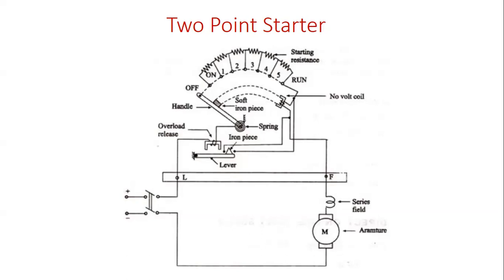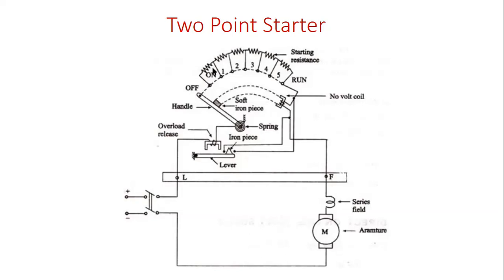So that is about our 2 point starter. Just remember the working principle as a short story, because if you understand this 2 point starter clearly, then the 3 point starter and 4 point starter work on more or less the same principle.